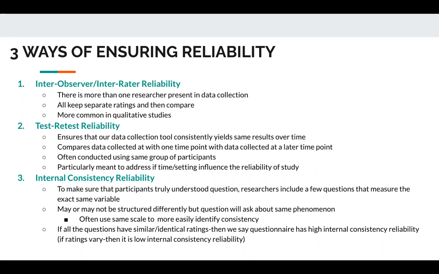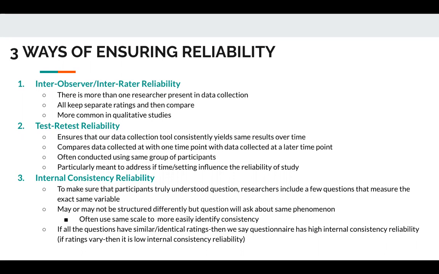And so your concern here is, because your data is coded textual data, you want to make sure people are coding in the same way. And so you do this by having them keep separate ratings and then compare, because you want to make sure that however they're employing the coding instrument, they're doing it in the same way, that they're being consistent.